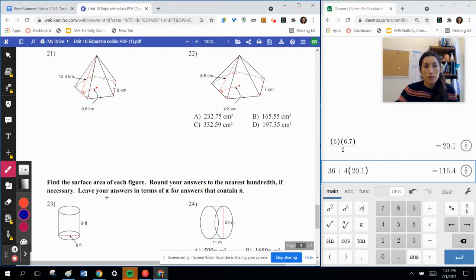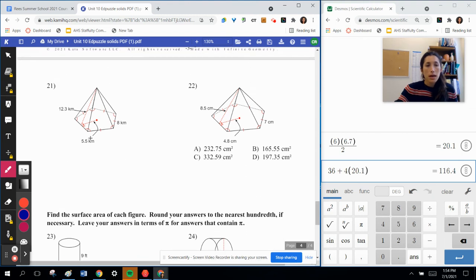Okay, we're going to find the surface area for these prisms here. I'm not going to write the formula out again, but we're going to find the area of the pentagon. And remember, I'll talk you through the formula. It's the side length. So each of these pieces here, side length is 8, multiplied by the pentagon height, 5.5, also known as the apothem, multiplied by the number of sides, 1, 2, 3, 4, 5, divided by 2.